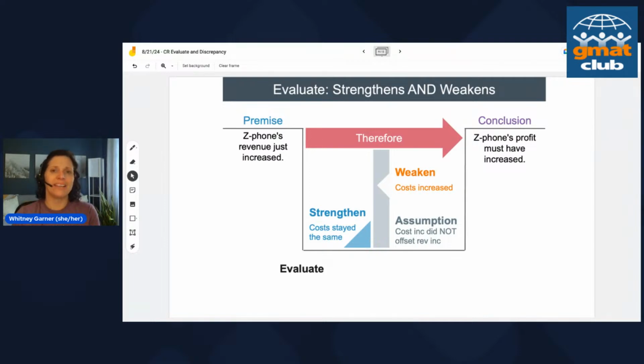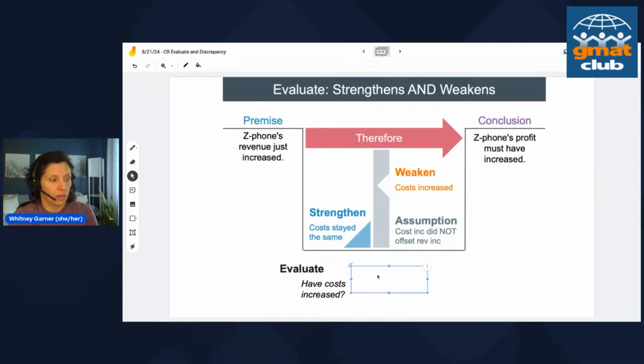But evaluate is like, what do I want to know more about in order to be able to determine whether this argument is valid? What information would I need more of in order to be able to assess this? So in a question like this one, a good evaluate question would just be like, have costs gone up?